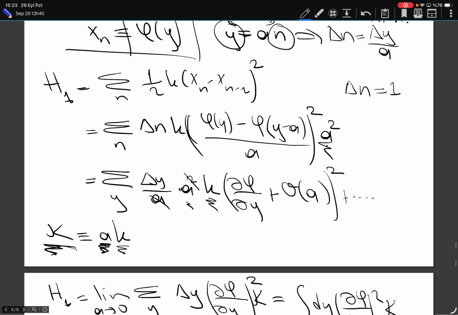Well, if you want to apply this to an actual system, A is finite, K is finite. You will measure A, you will measure K, you will obtain their product and use that number for your kappa. And as long as you restrict yourself to large wavelength, your continuum theory will still give sensible results.